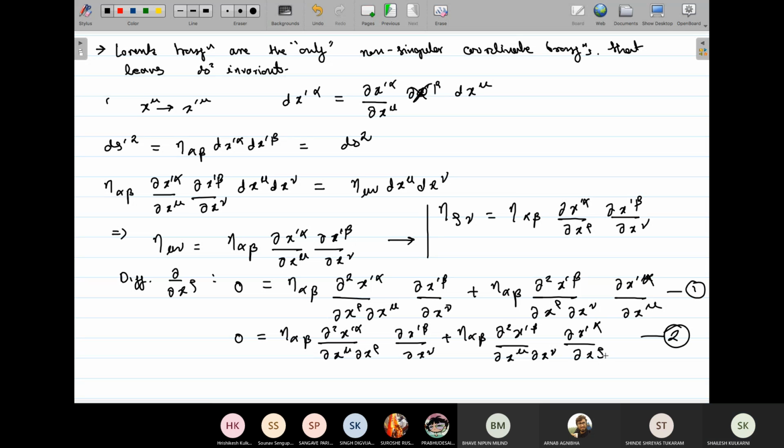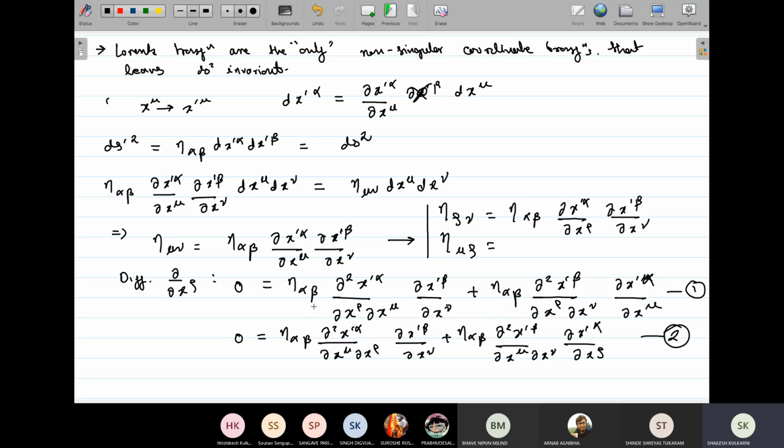Okay, clear? Now I will consider another relation, which is eta mu rho. Instead of nu I will write rho here, and then I will differentiate that relation with respect to del x nu.